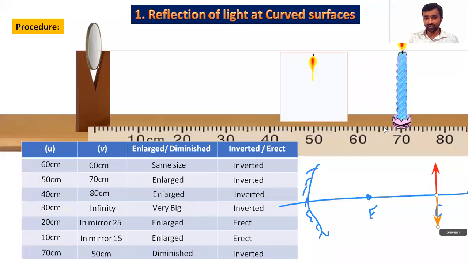Yes, clear. So now we'll go for another. I am giving you the position of the object. What is the position we chose? It is at C. Clear? 60 centimeters is at the center of curvature.